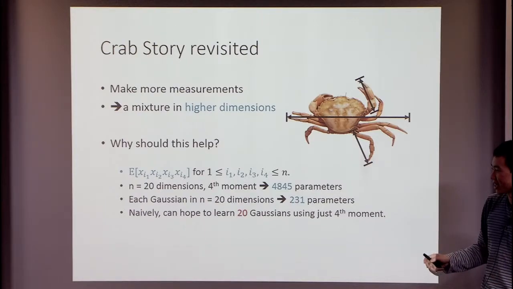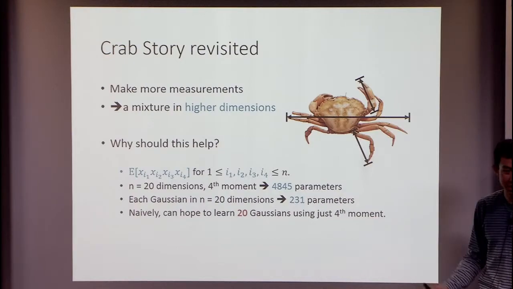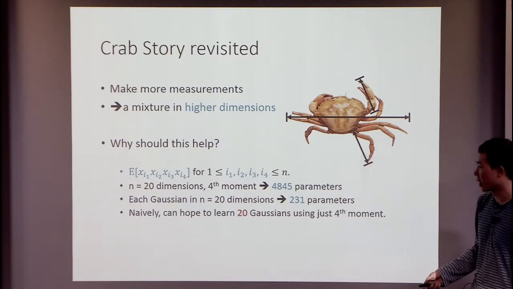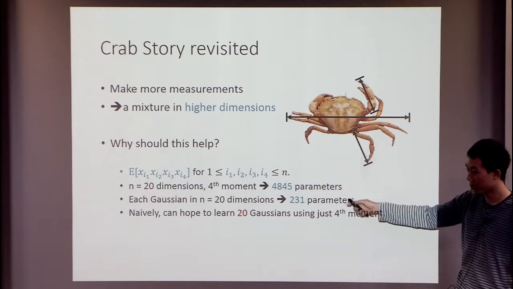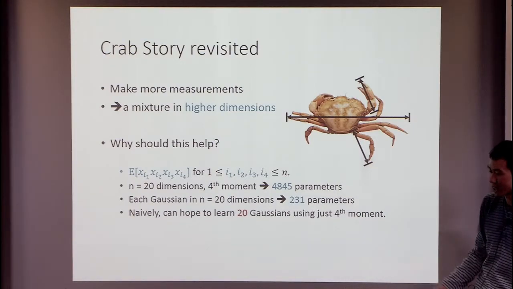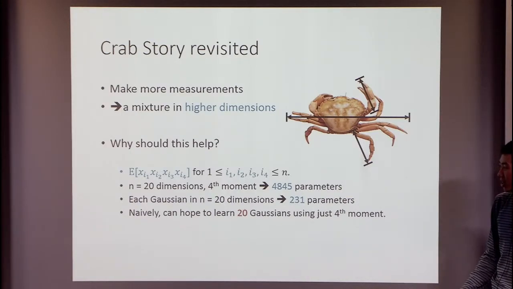So in the best case, we should be able to hope to learn 20 Gaussians using just the fourth order moment. And of course, when n grows, this number will grow as n to the 4, while that number will only grow as n squared. So we can even hope to learn even more Gaussians. But of course, this is just a heuristic argument.